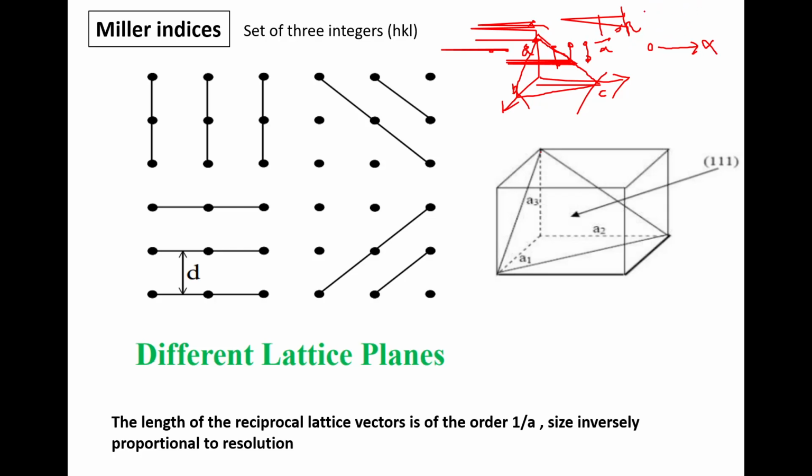So this HKL, if you have infinity or a very large value of A, then also you are restricting your data set to some small number of points, because this is always a reciprocal. From here you can visualize that if you work in a chemistry laboratory, you will see that the smaller salt crystals have very high resolution.